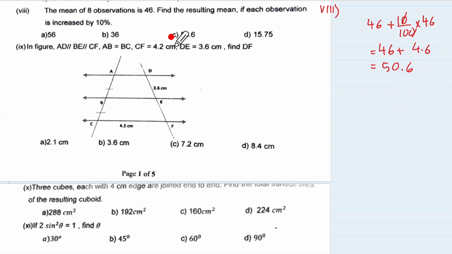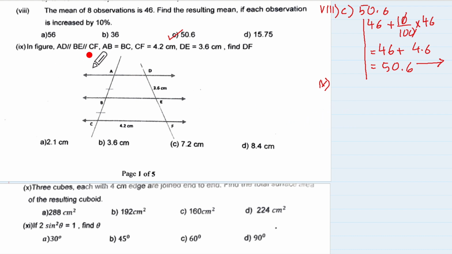Where is 50.6? Here it is. So you'll write this is C, and you'll write 50.6. Okay, as I told you, I don't have enough space. You have to write this that side. Okay, we come to the 9th one.